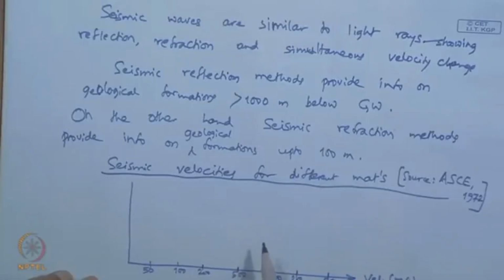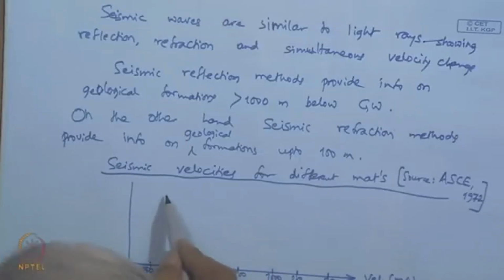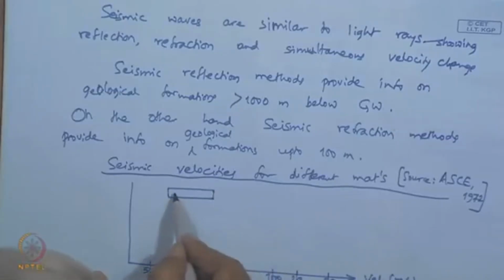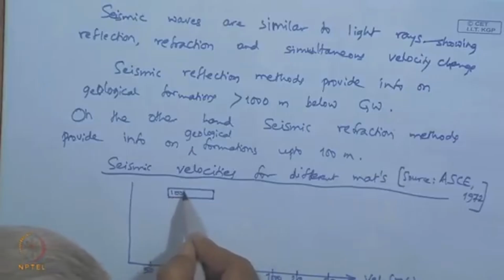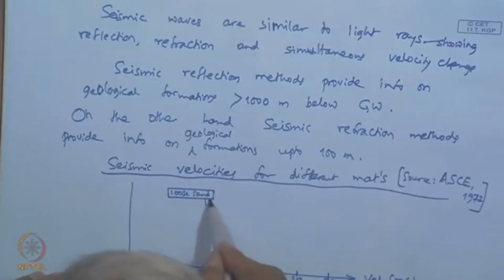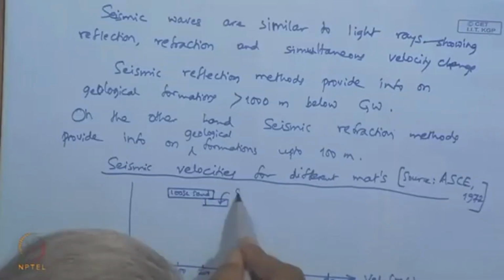And here the loose sand will have a seismic velocity in the range of 100 to 200 meters per second. So, this is a loose sand, and the silt will have a velocity slightly higher.